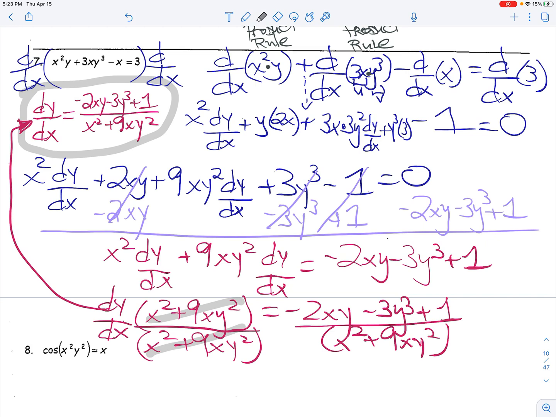Right, and there you go. That's your derivative.